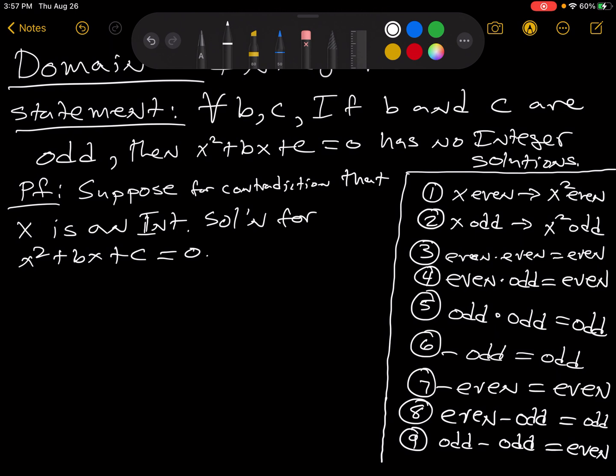Okay, x is an integer. We're supposing for a contradiction, we're going to find a contradiction, that x is an integer that solves this equation, x squared plus bx plus c equals 0.